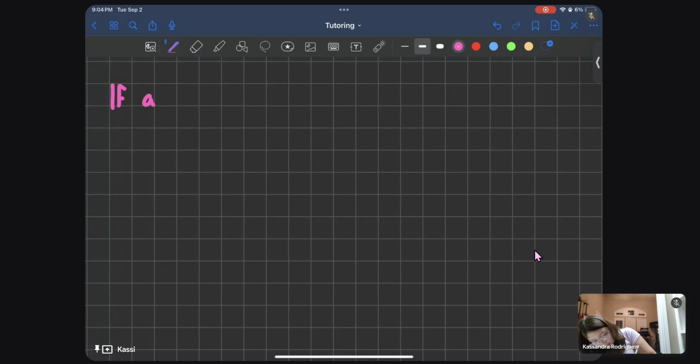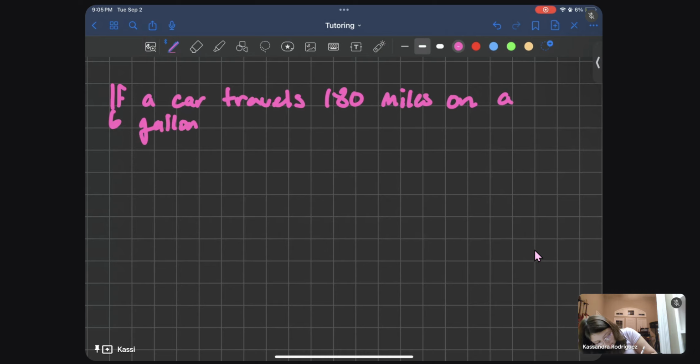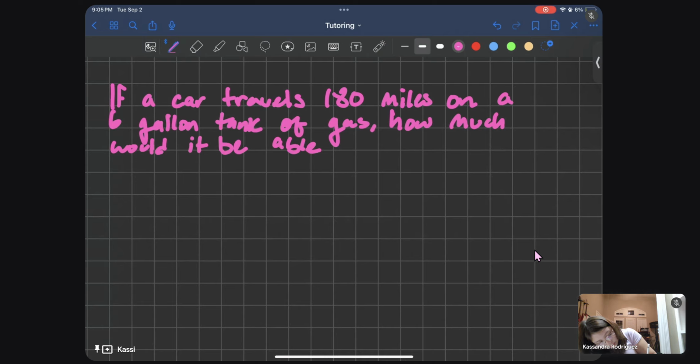If a car travels 180 miles on a 6-gallon tank of gas, how much would it be able to travel on 10 gallons? Okay, pretty simple one.